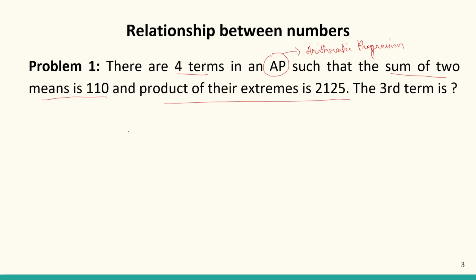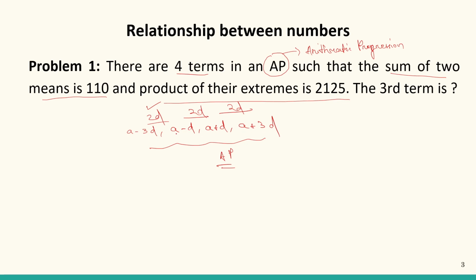So let's assume a minus 3d, a minus d, a plus d, a plus 3d as the AP. Since the difference is 2d between each pair of consecutive terms, we have sufficient conditions to assume that this sequence is an AP.